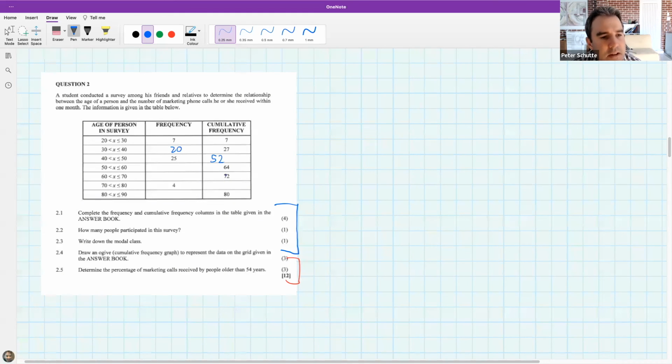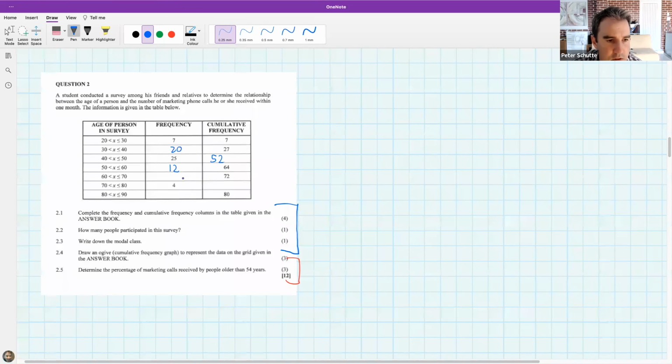So that should be 52. What is this going to be? Who knows what that's going to be? So if that's 52, this is going to have to be 12 to get me to 64.